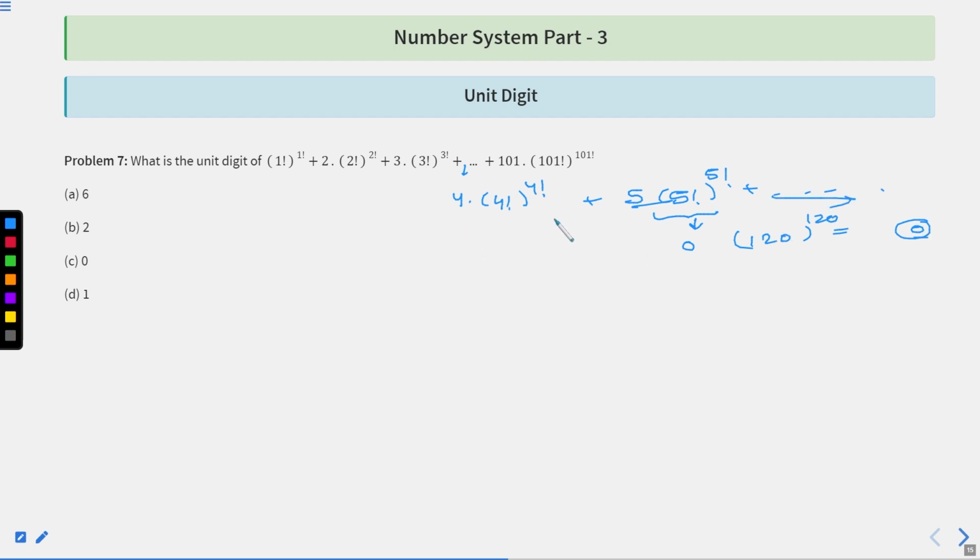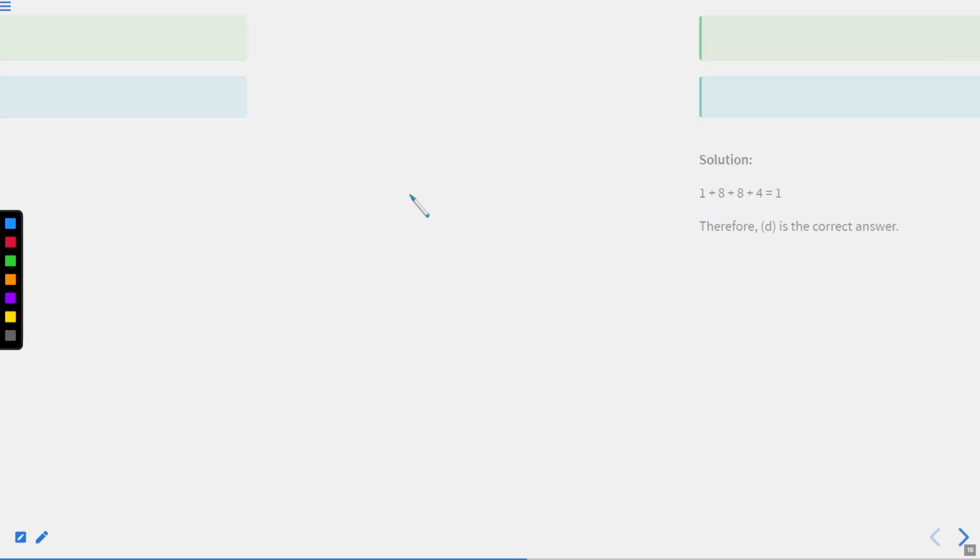That means again, the numbers after 4 factorial are not going to contribute anything to the final answer because the unit digits are 0 and it will not change the value. That means only this part is going to help us compute the unit digit, correct?